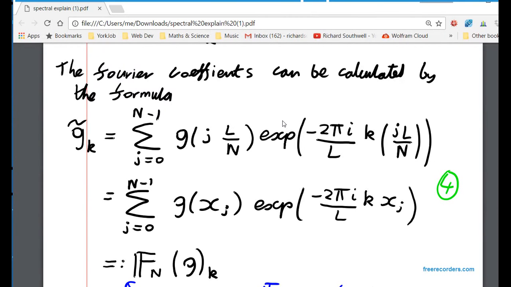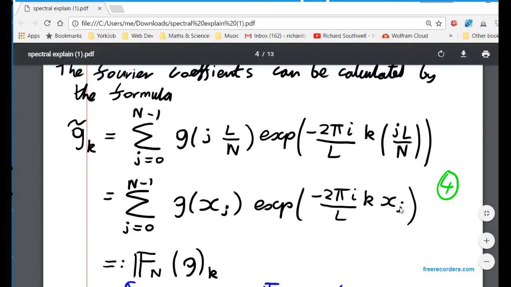This thing is abnormally fast, and for this reason a lot of people interested in numerical methods have bent as many of their problems towards the Fourier methods as possible in order to exploit this speedy algorithm. So I've used this F_n of g to denote that we're doing some operation on g in order to obtain these Fourier coefficients.